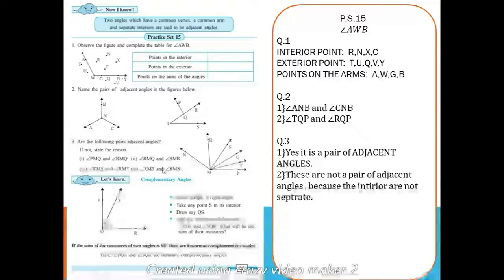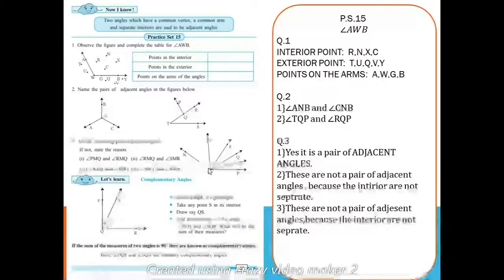Now angle RMQ and SMR, do they form adjacent angles? Let us see. It will not form adjacent angles because it is not fulfilling the circumstances.